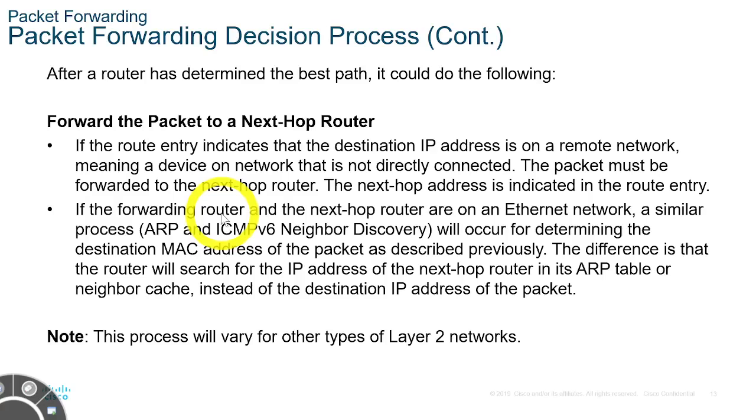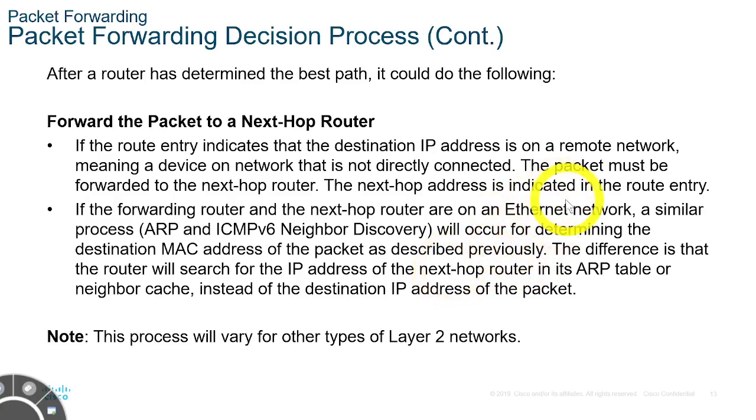If the forwarding router and the next hop router are on an Ethernet network, a similar process of ARP and ICMP discovery will occur for determining the destination MAC of the packet, as described previously.